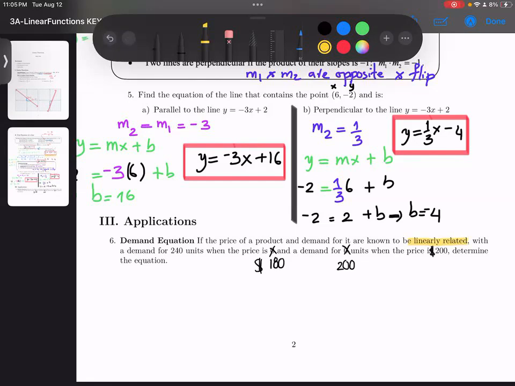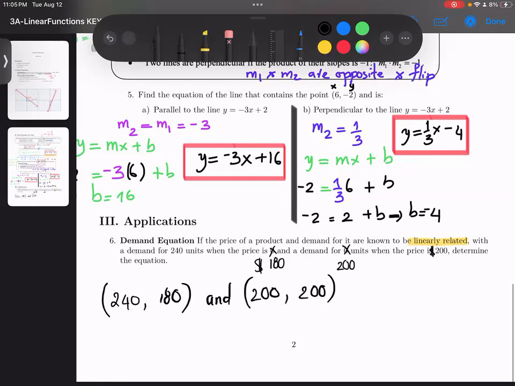Determine the equation. Like I said, because it's linearly related, we can think of 240 units compared with the $180 price, and 200 units compared with the $200 price.